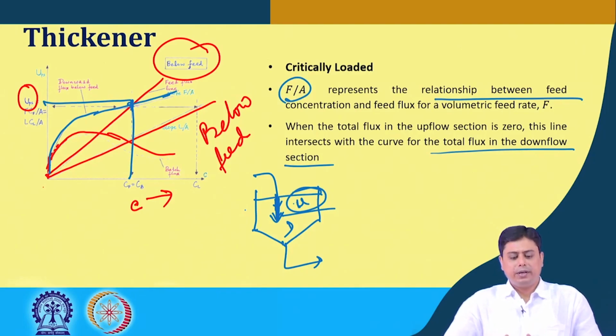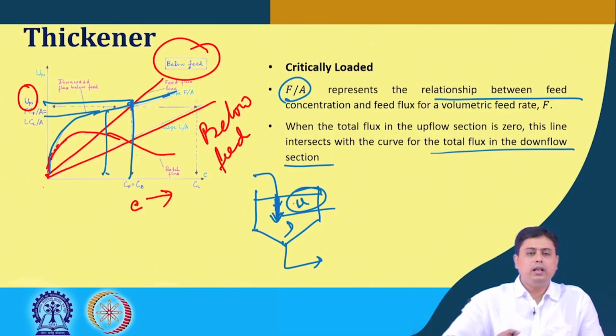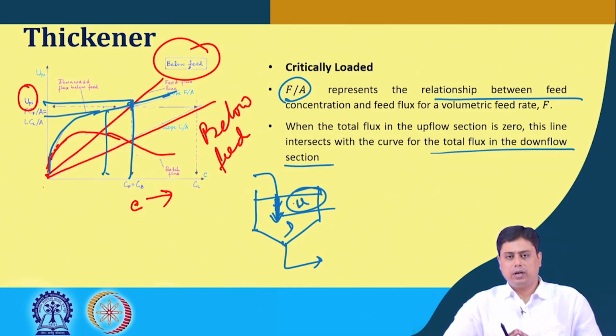If it operates below this value, it would operate in the underloaded condition. All the flux will be in the downflow section.